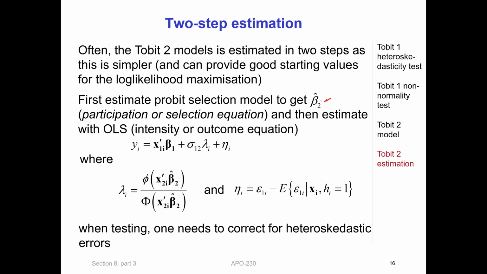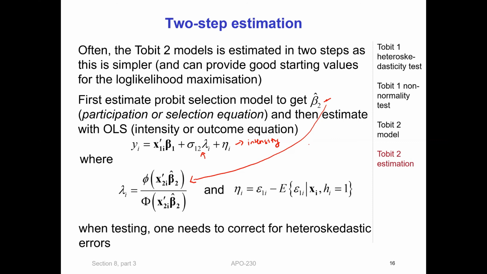Then having beta 2, it's possible to calculate this one, the lambda, the Heckman's lambda. And then you use it as an extra explanatory variable for the second step with this outcome or intensity equation. Rather quite straightforward, and we will look at it in an R example.